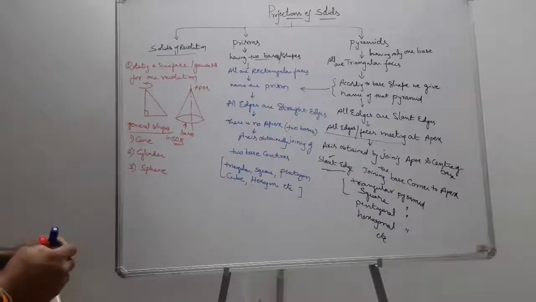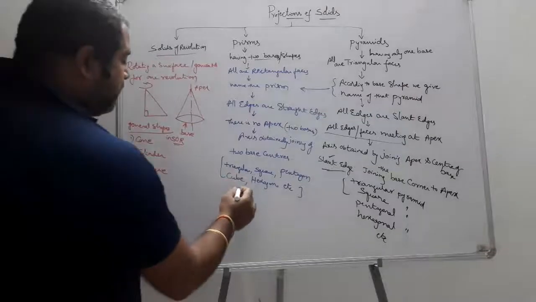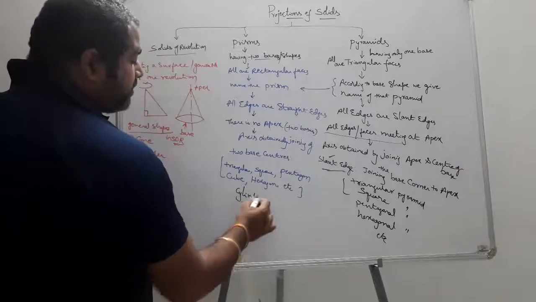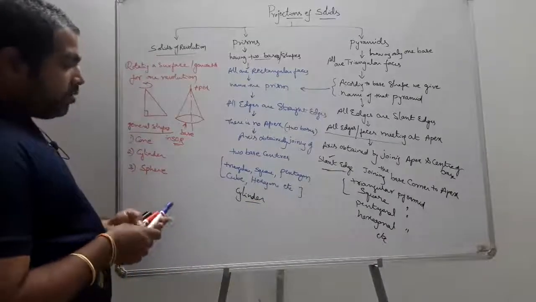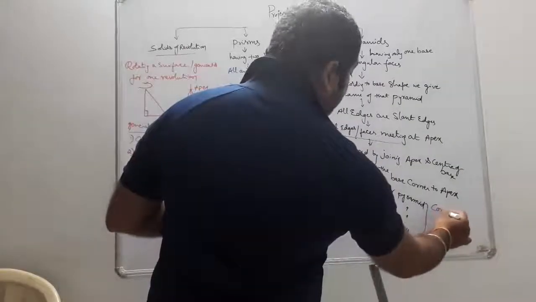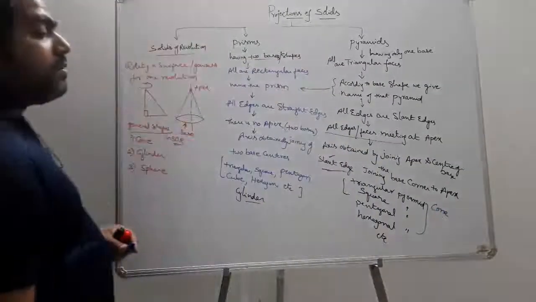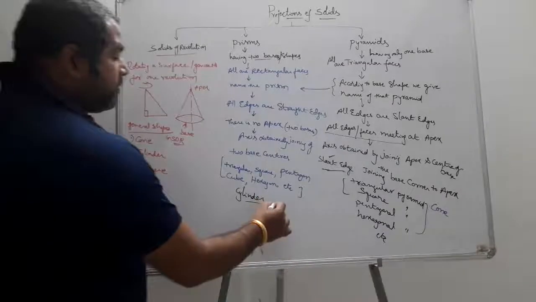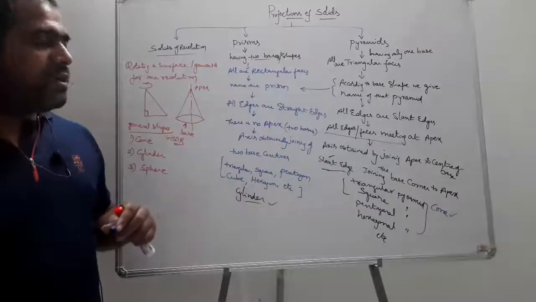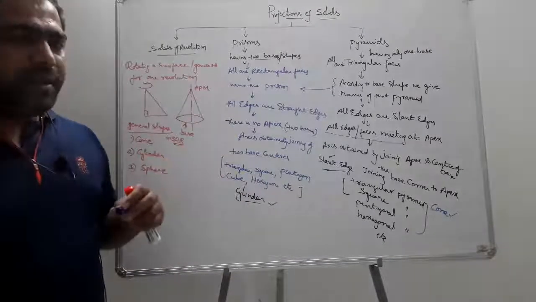The cylinder also comes under prism, and the cone comes under pyramid. So the cylinder is considered in the classification of the prism, while the cone comes under the classification of the pyramid.